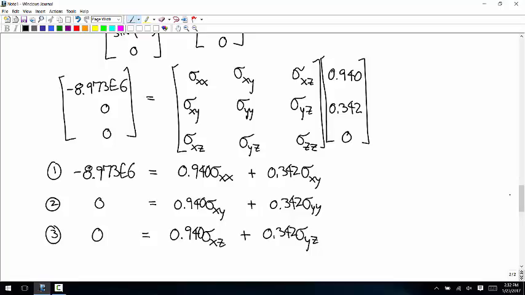Yeah, and that's always the case because if you think of it as using a traction vector, the traction vector has three elements. You can't take three elements and turn them into six elements. So you're always going to have more variables than equations from that.